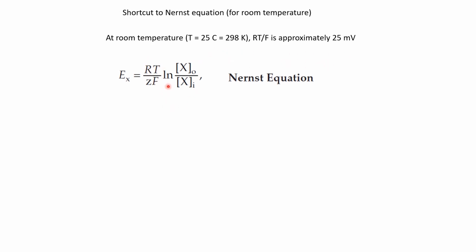And further replacing natural log by log base 10, this equation can be rewritten as 58 millivolts over Z, which is the valence of the ion, log ratio of concentrations outside over inside. So we just need to know the concentration ratio and the valence of the ion, and we can easily calculate the equilibrium potential at room temperature for that ion using this shortcut.